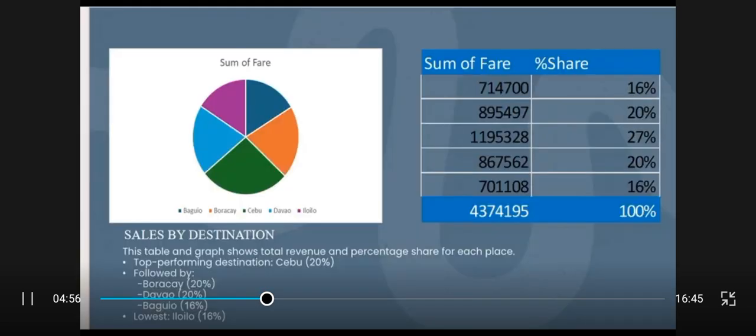And for sales by destination, this table shows how much money came from each destination plus their percentage share of total sales.